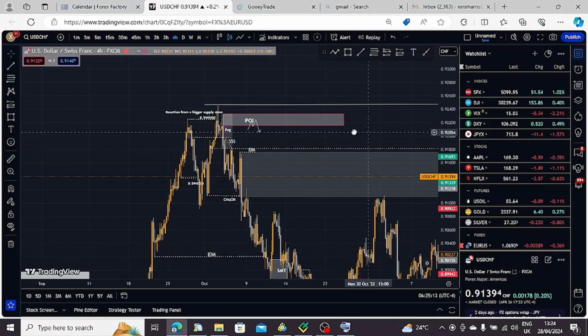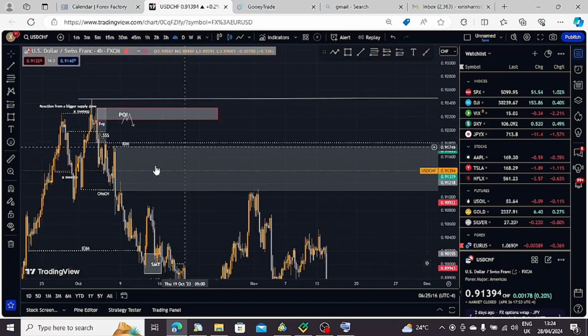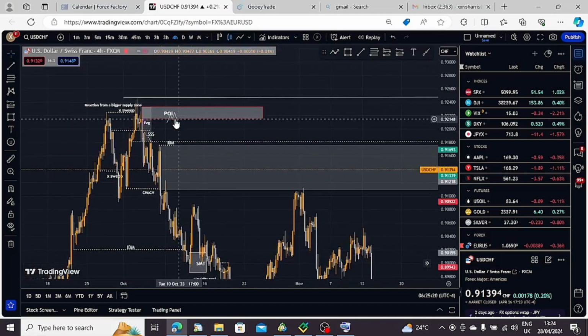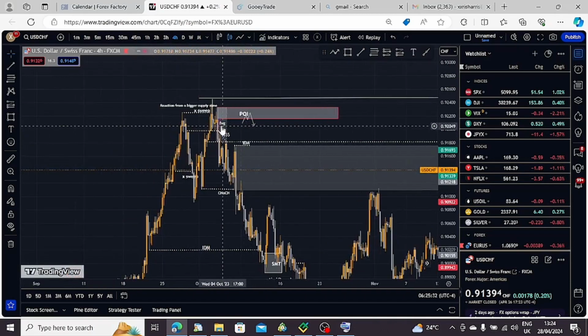Okay, so markets currently are at this order block here. But we have this point of interest we left back in October, 4th October, Wednesday. It wasn't filled. We had some liquidity. We had some fair value gap there.